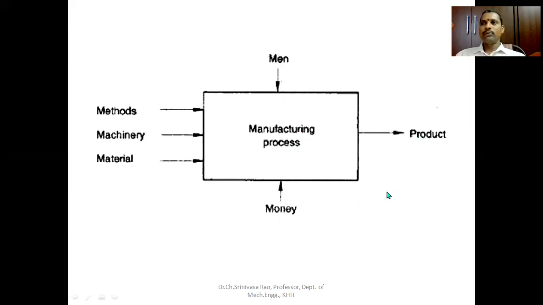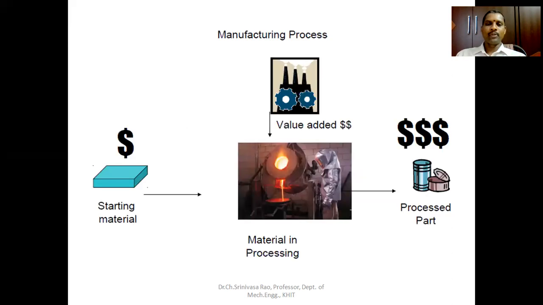Another example: if you want to make a gas pipeline, a pipeline of a few kilometers cannot be produced by a single step manufacturing process.